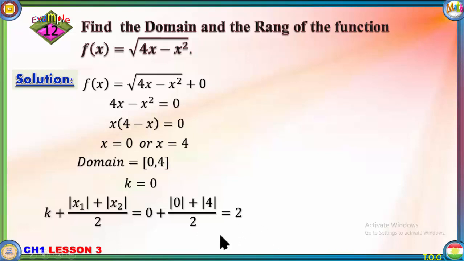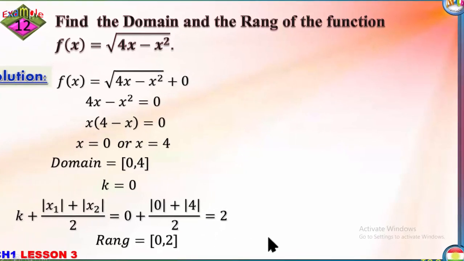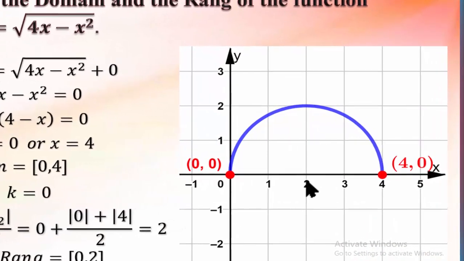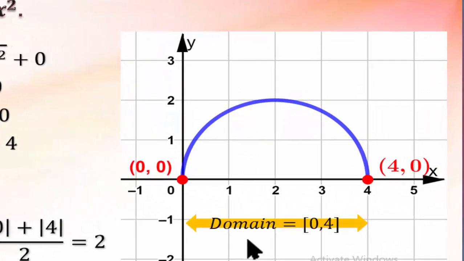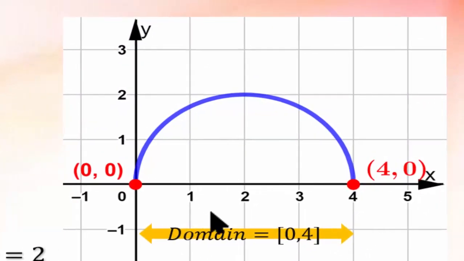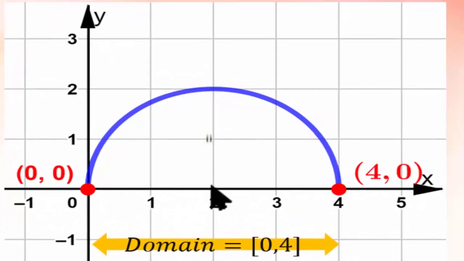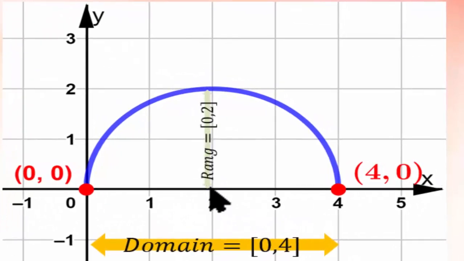Therefore the range begins from the smaller number to the bigger number, that means from 0 to 2. Then the range is from 0 to 2. As you can see in this interval, the domain is from 0 to 4, and the range is from 0 to 2.